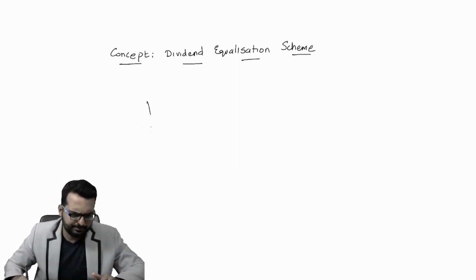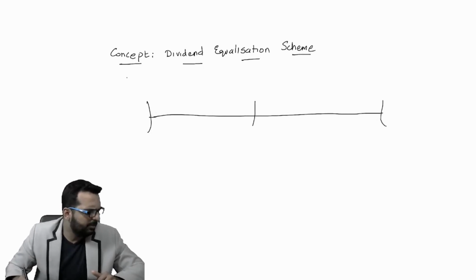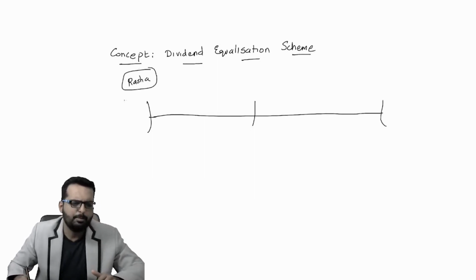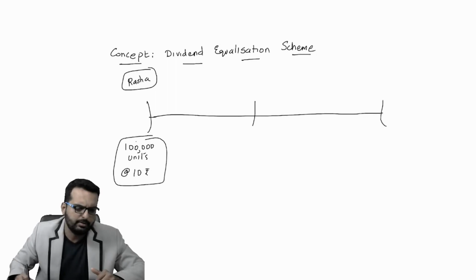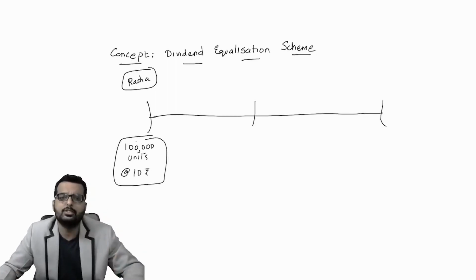Concept wise, it is the same concept of ex-dividend, cum-dividend that you must have learnt earlier. Suppose we take one person from this classroom. Let us take Russia. Suppose Russia is holding 1 lakh units in a mutual fund at a face value of 10 rupees. For time being, let me assume that in this company, only Russia is the unit holder.